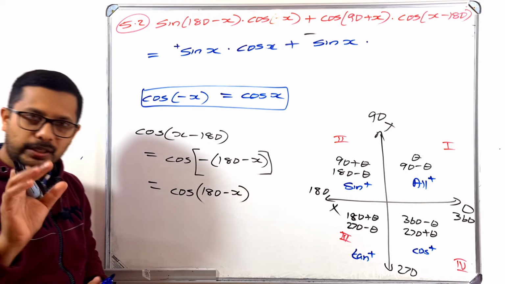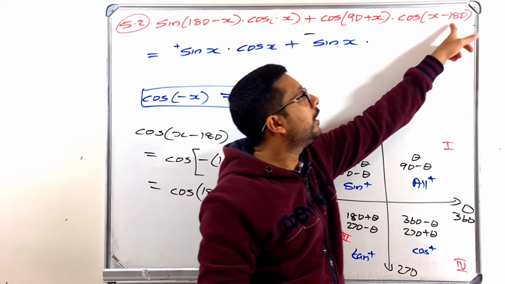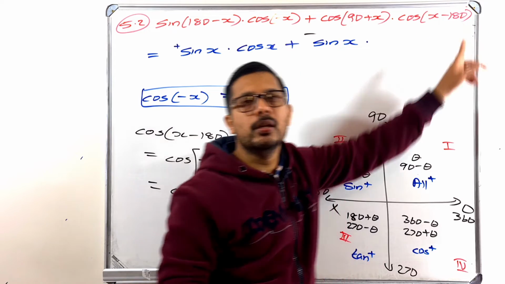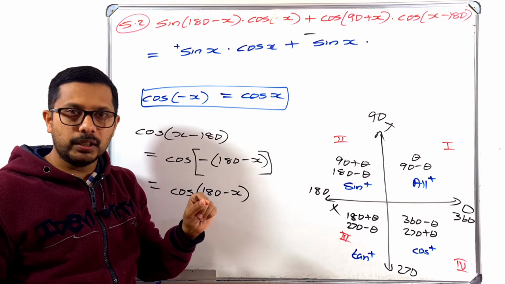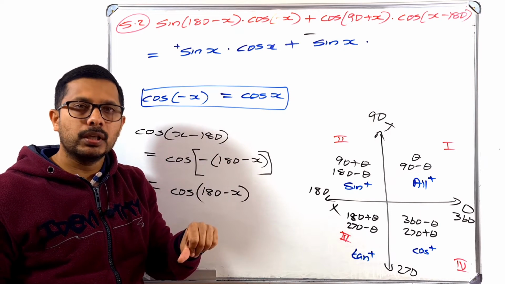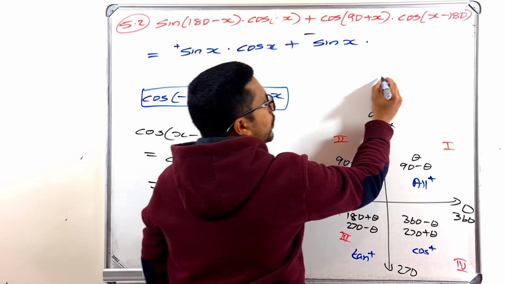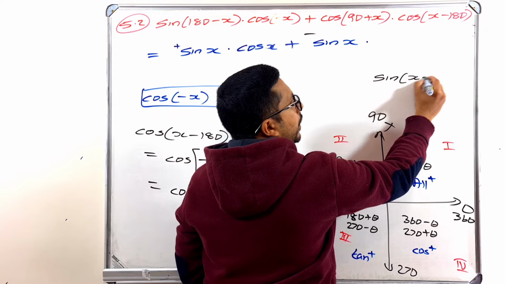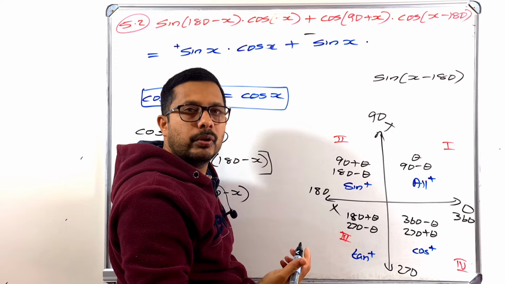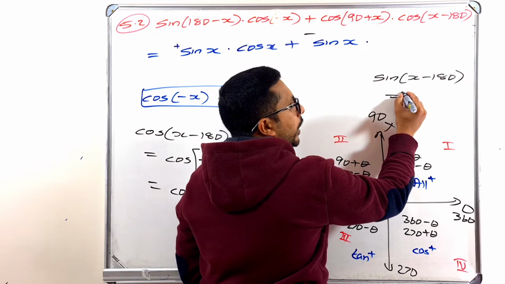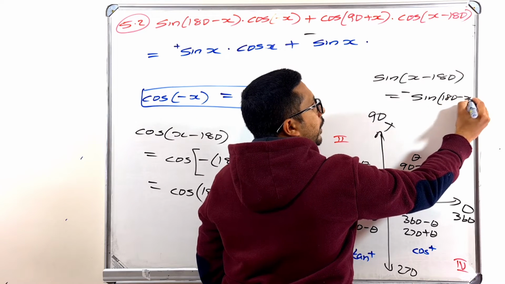Okay, so try to understand like this. Cos of x minus 180 is the same as cos of 180 minus x, only in the case of cos. If the question is like this, sine of x minus 180, then you have to write minus of sine 180 minus x.